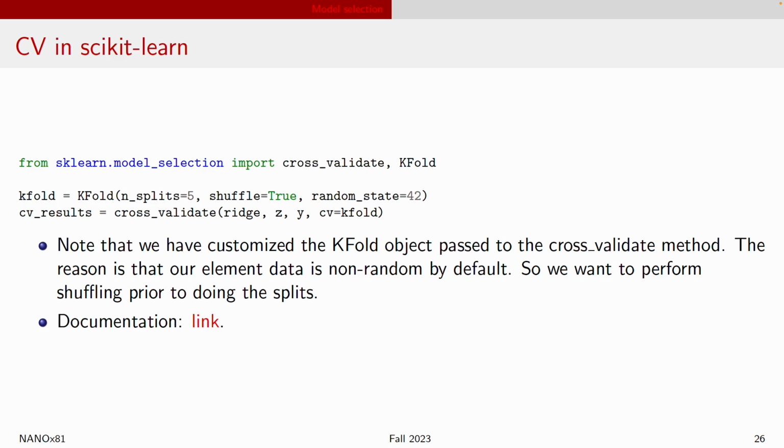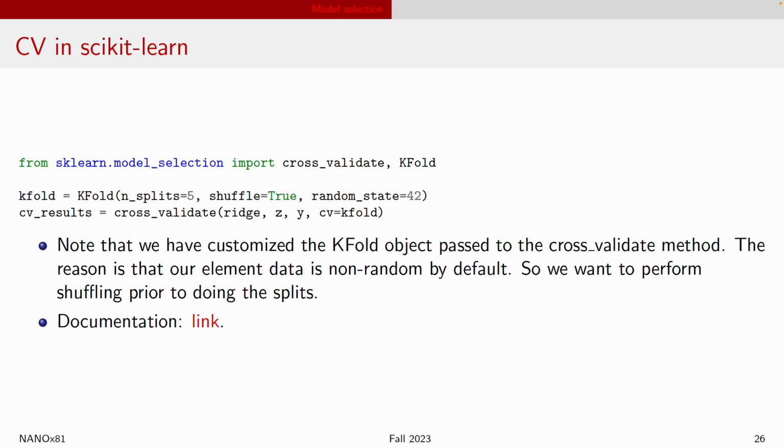The reason why you would need to actually use k-fold is because by default, scikit-learn doesn't shuffle the data, okay? So in other words, when they do the splitting, they will just assume that the data is already randomized. So I generally prefer to make sure that they actually shuffle the input data so that they can do the split, okay?